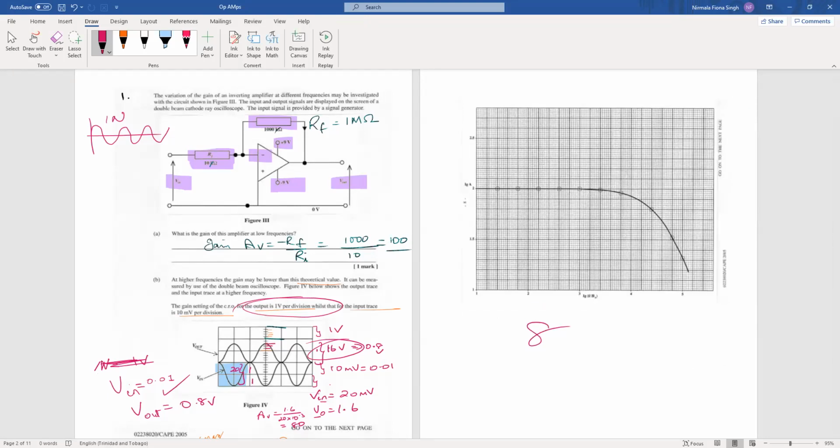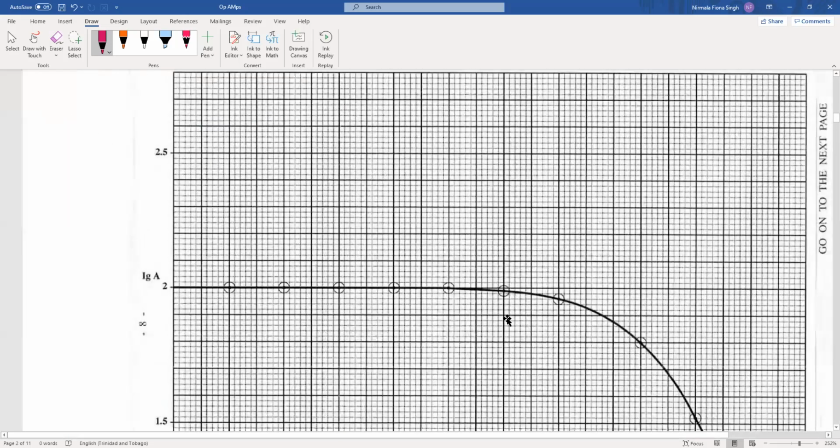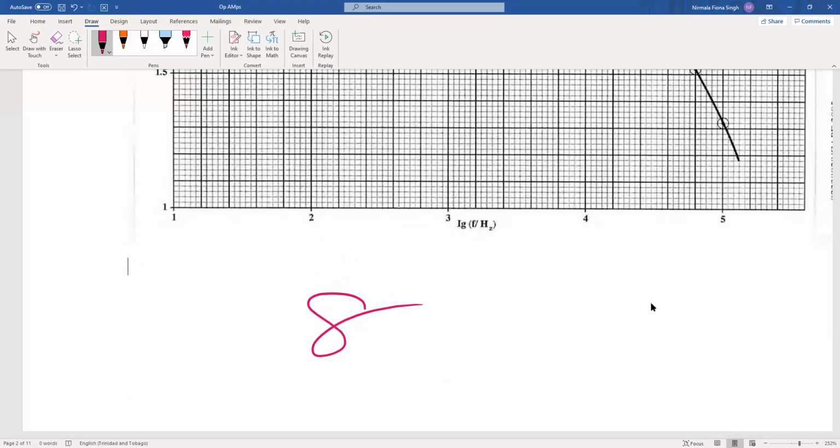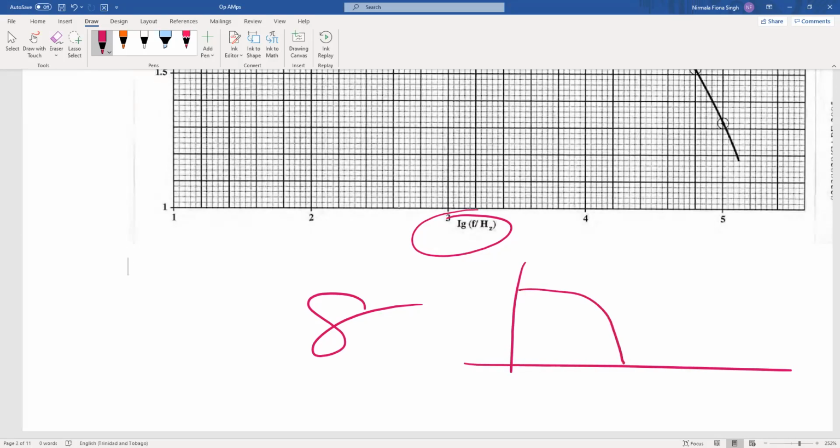If that is our graph, we have our gain here. We have log of A and log of our frequency. Remember, for a bandwidth graph, we have our frequency on our X and our gain on our Y. But why are we using log?